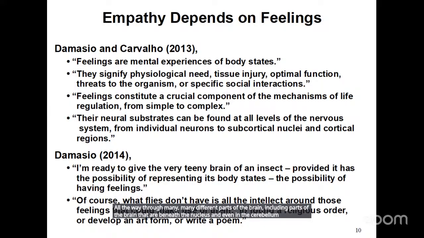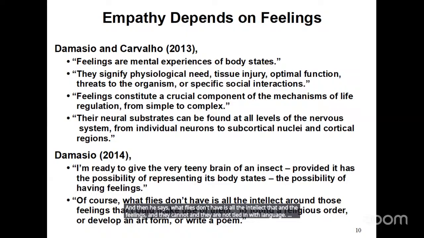Damasio said, I'm ready to give even the very teeny brain of an insect the possibility of having feelings, provided it can represent its body states. But what flies don't have is the intellect, and their feelings are not tied in with language.